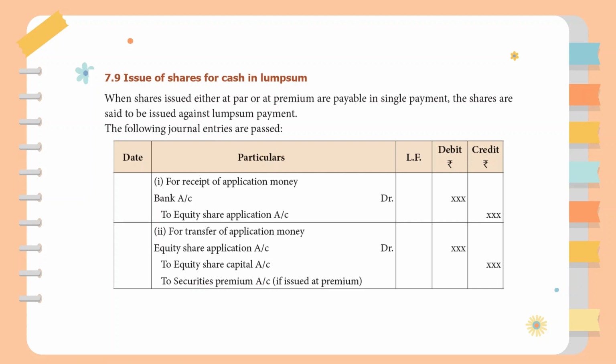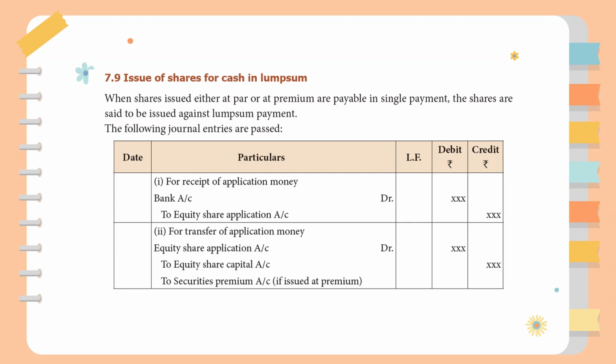Now we are going to see the shares issued for cash in lump sum. So far we saw installments. Here, lump sum, there are only 2 entries, okay. That is the application money bank entry and the transfer entry.